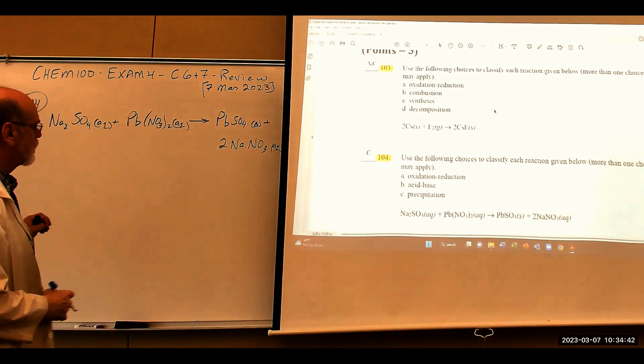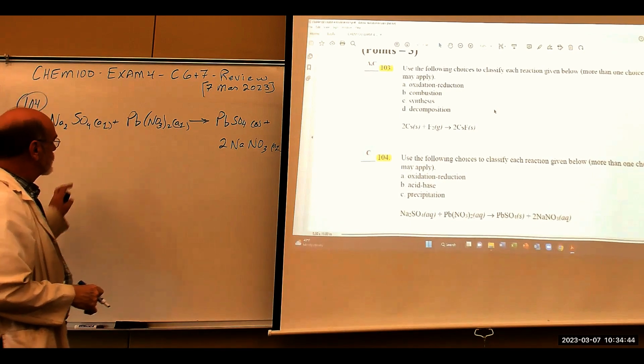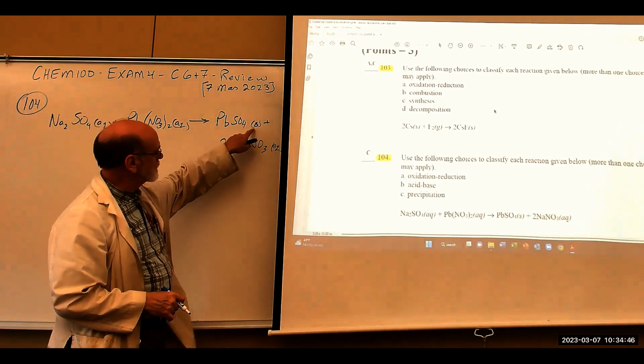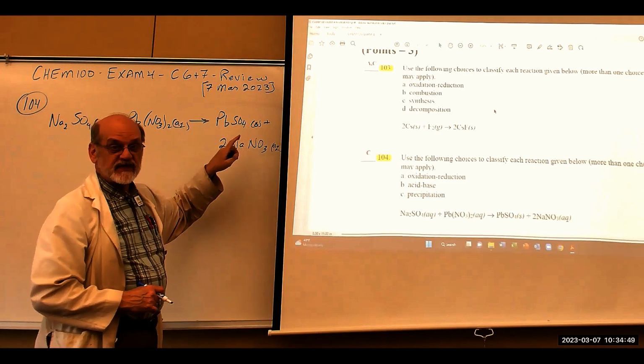Okay, what type of reaction is this? Well, notice that these are aqueous, aqueous, aqueous, solid. That's a precipitation reaction.